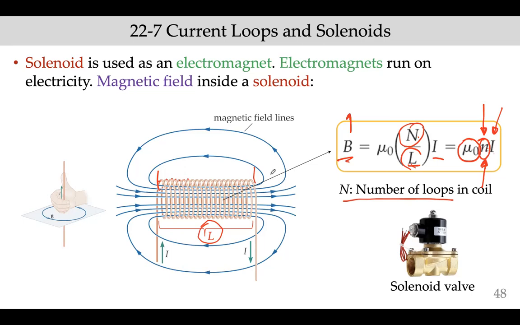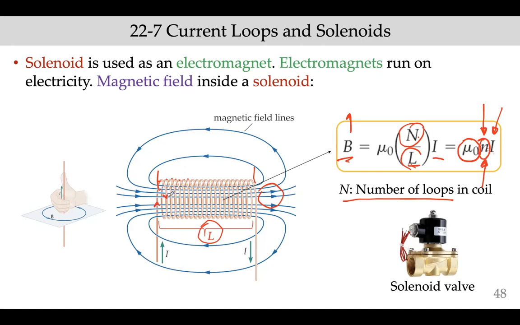And what is the direction of the magnetic field lines? Well, you're usually interested in the inside or the front of the solenoid. Again, you can find the current direction from this figure. It's this way, so here this way.